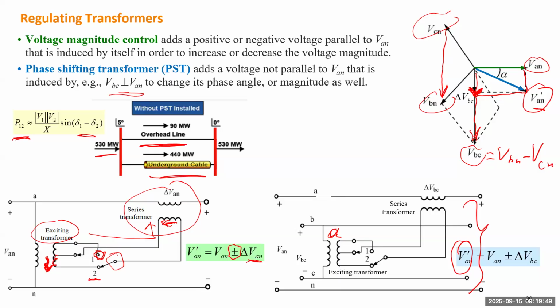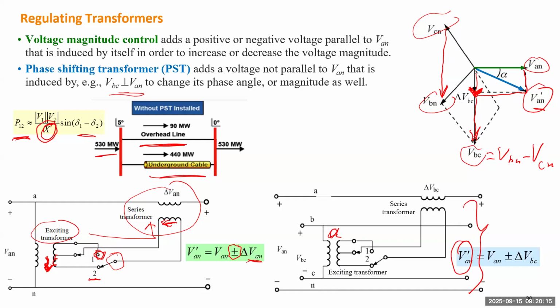So I'll explain why underground cable will have smaller reactance compared to overhead line, even for the same lines. Because underground cable is installed under the ground, it will have more capacitance, which can somehow cancel some of the reactance. So if it's underground cable, that is equivalent to reducing this reactance.